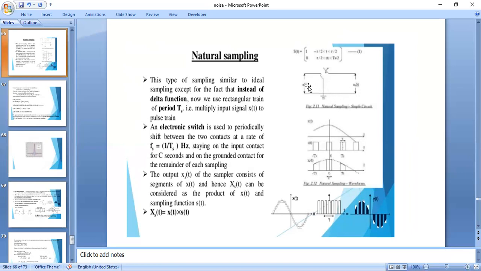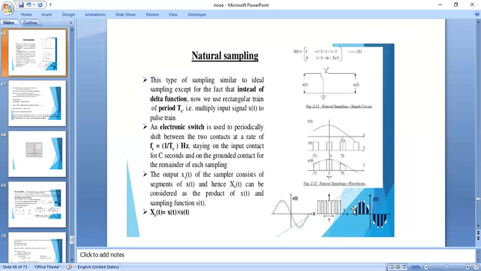Here x of t is the input, and there is a switch to control the sampling, and x of t is multiplied by this pulse train, and you will get the sampled signal here. You may observe that the sampled signal amplitude is not constant.